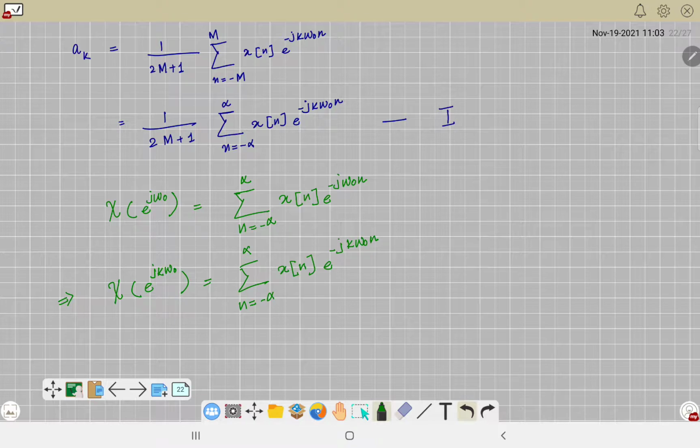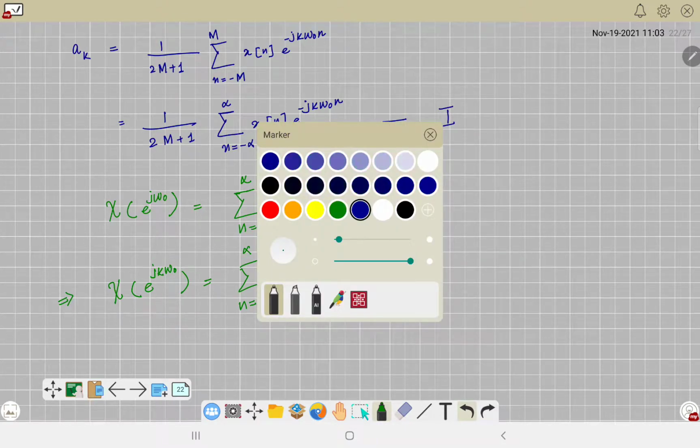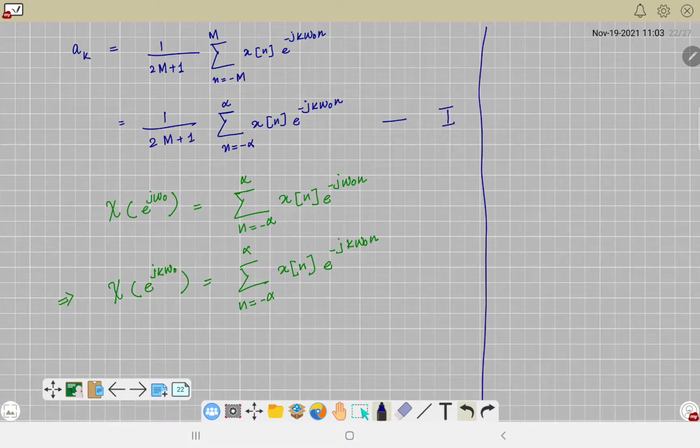Okay? Now I can express a of k in terms of this function that I have just defined. Continuing with the analysis, a k is equivalent to 1 upon 2M plus 1, with n from minus infinity to plus infinity, x of n e raised power minus j k omega naught n.